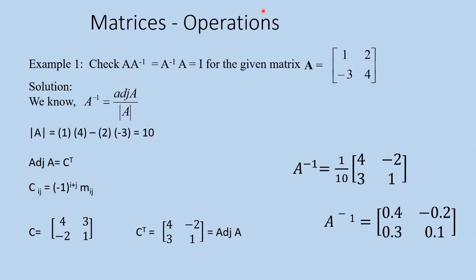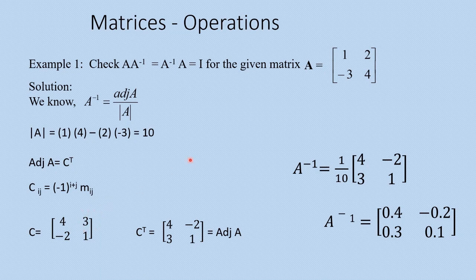Cofactor Cij is equal to minus 1 to the power i plus j times Mij. For C11, M11 is obtained by deleting first row and first column, we get 4, therefore C11 is minus 1 to the power 2 times 4, which is 4. For C12, M12 is this, deleting first row and second column, we get minus 3, and so C12 is minus 1 to the power 1 plus 2 equals 3 times minus 3, equal 3.